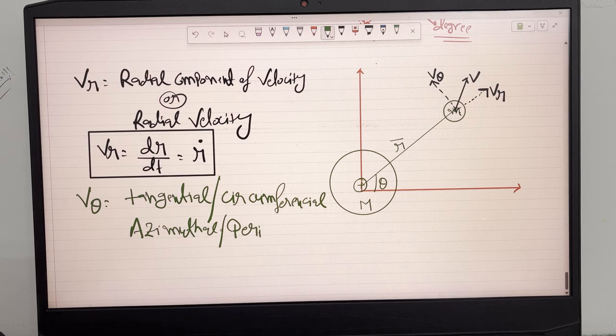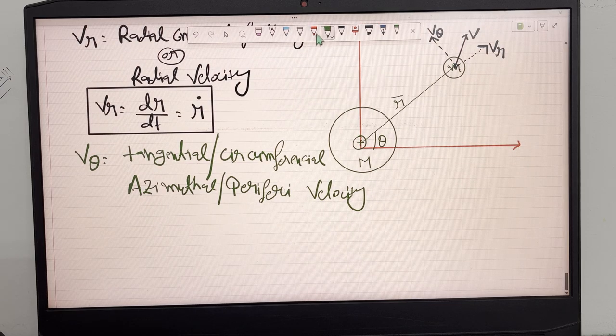Guys, please make your own notes. Whatever I'm writing on my screen, I'm also saying clearly because of my handwriting, so please write it in your notes. Whatever extra I'm saying, please note it on some side of your notes, because it will help when you revise. I'm saying this from my experience. Periphery velocity. Why am I writing four names?